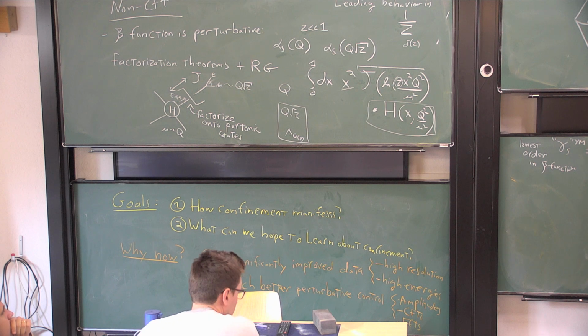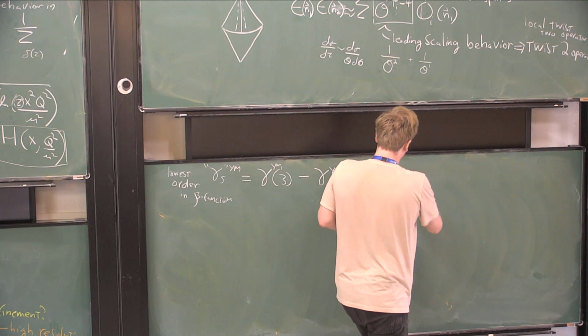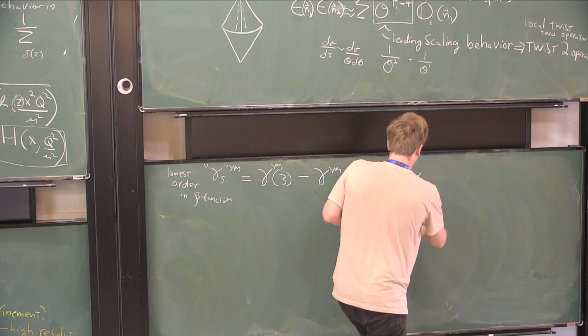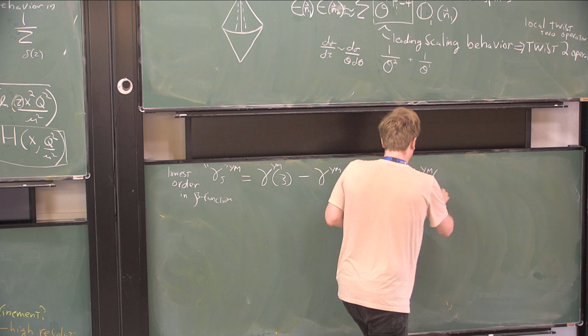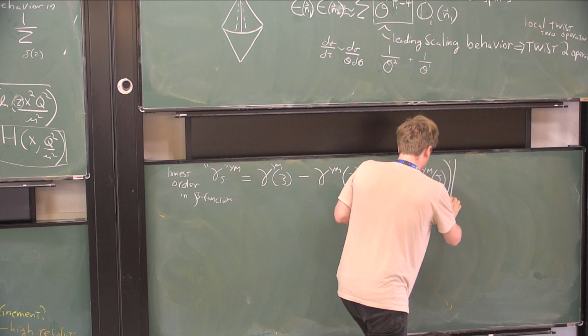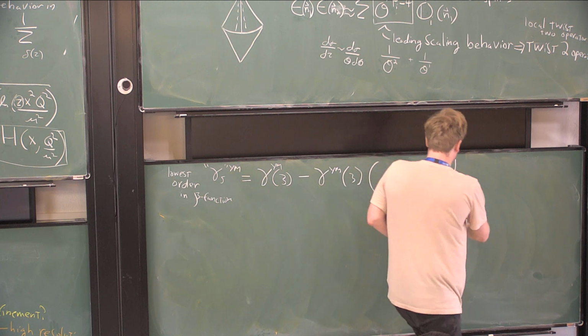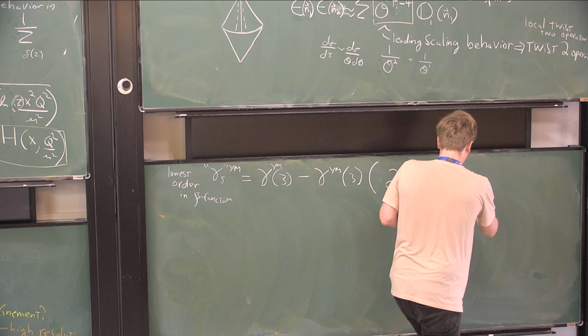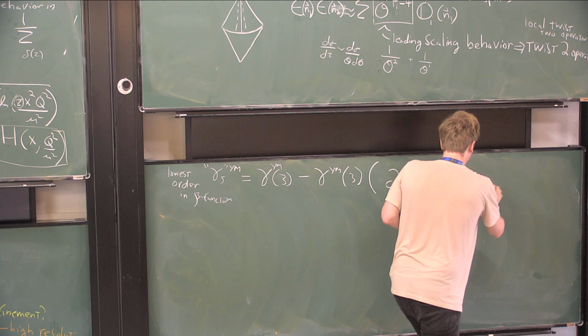So this, I'll write it as dj. But you should really think of this as some like melon space, evaluated at j equals 3, times the leading order correction in the beta function.